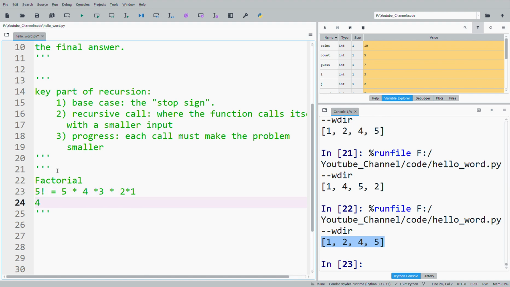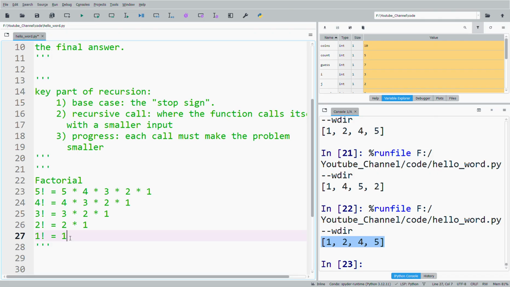And 4 factorial equals 4 times 3 times 2 times 1. And 3 factorial equals 3 times 2 times 1. 2 factorial equals 2 times 1. 1 factorial equals 1. Did you see there is a pattern?